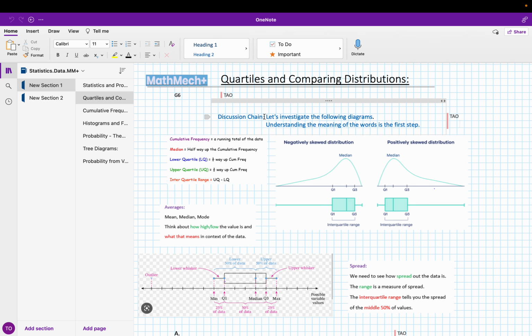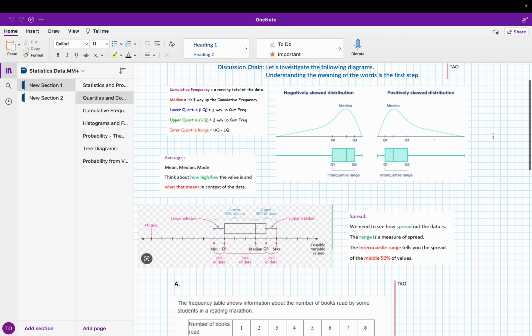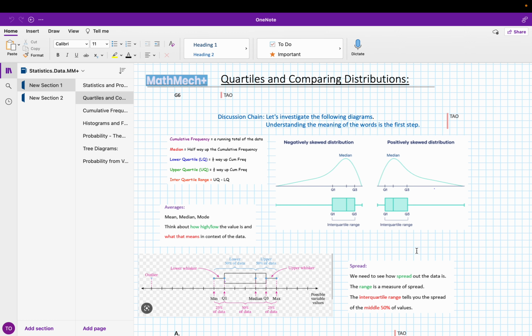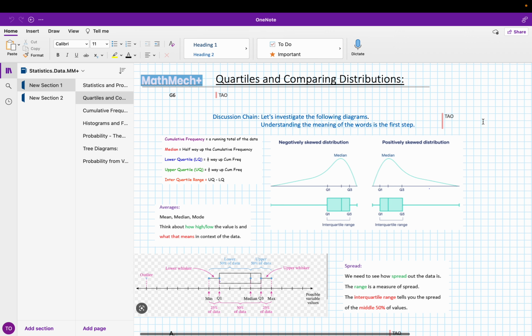Statistics. So for instance, we might have a discussion chain. Skewness is a topic that sometimes students avoid, about spread of data and the quartiles that you see here. So we'd have a little discussion about it, a little brainstorming session to make sure that everyone understands why we use it and where it's applied.